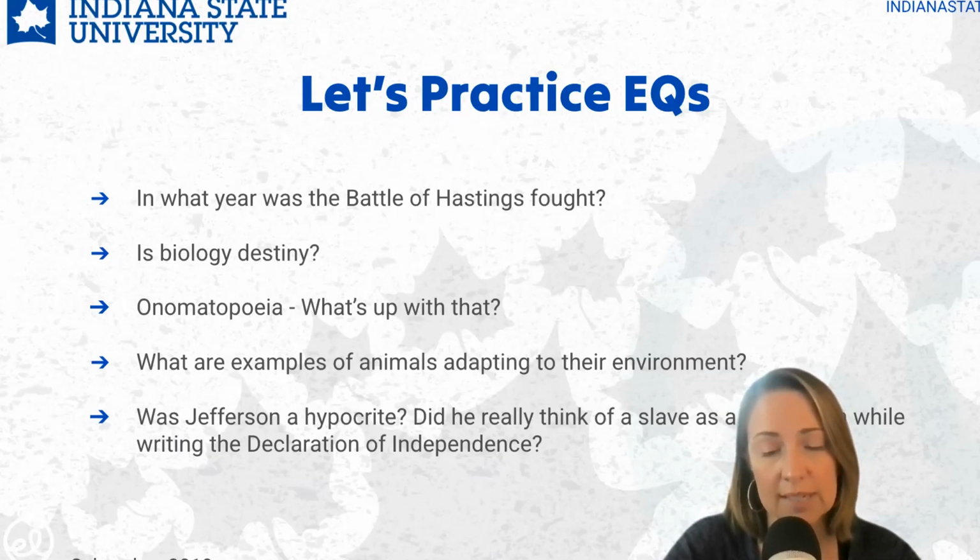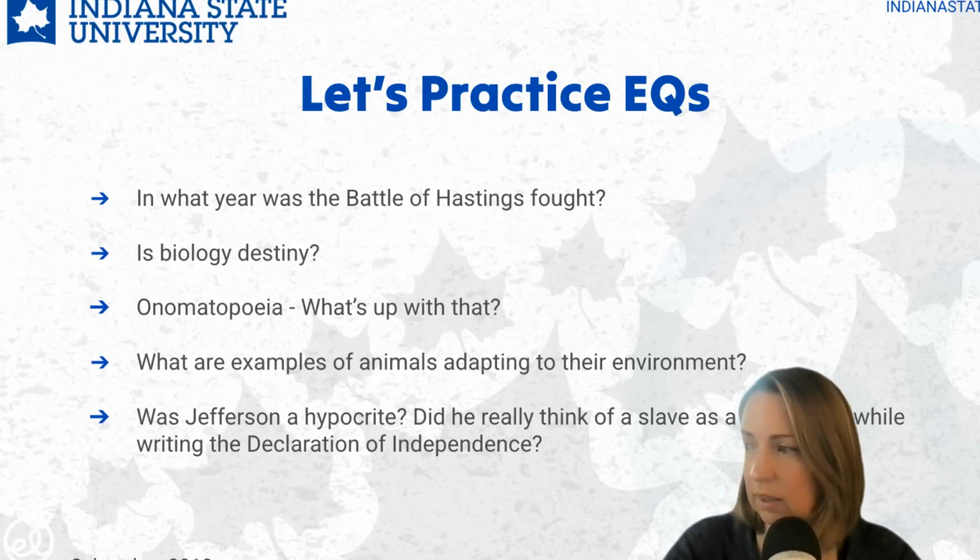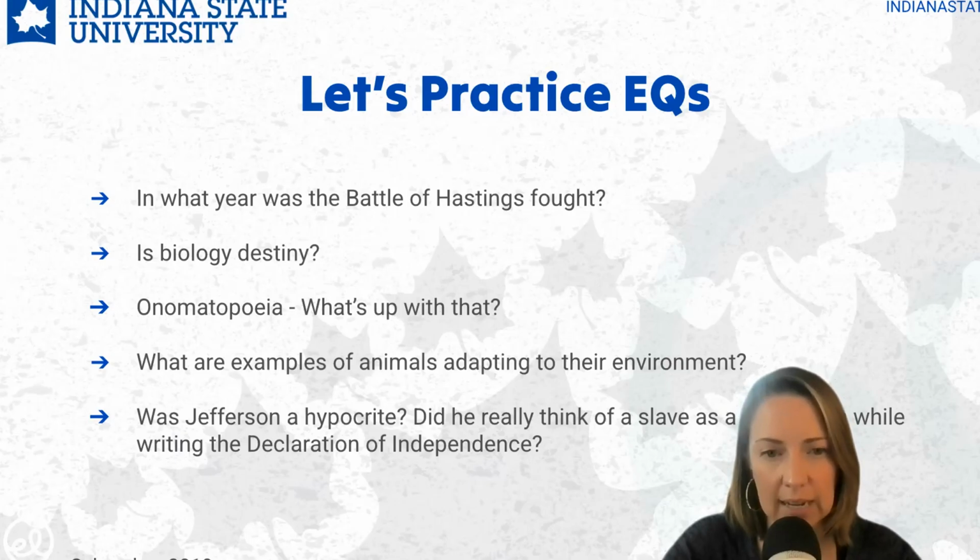So it could fall into the essential category. And then the final question, was Jefferson a hypocrite? Did he really think of a slave as a subhuman while writing the Declaration of Independence? So this could spark some great debate, a lot of interest and engagement.